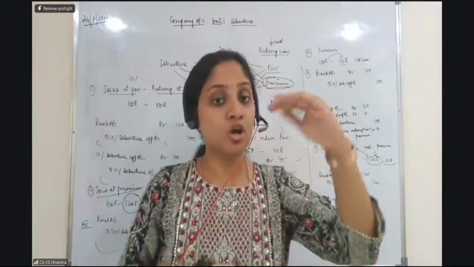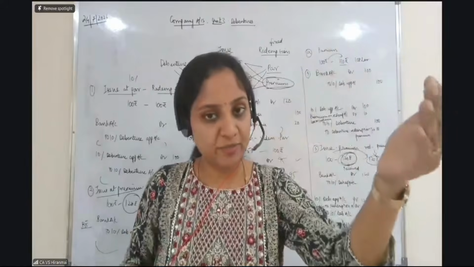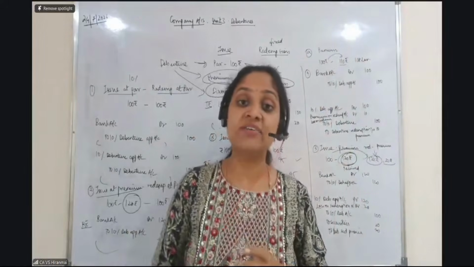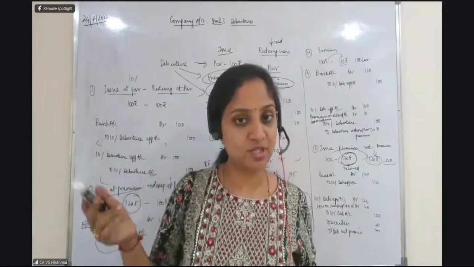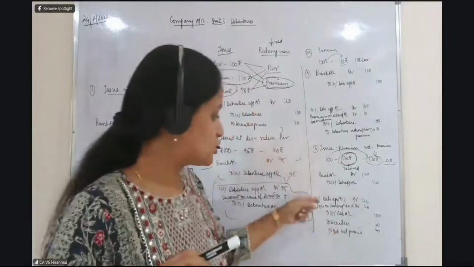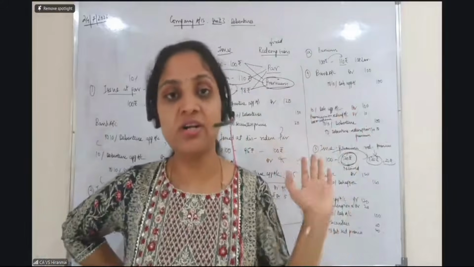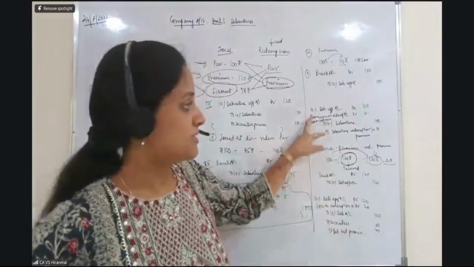There, loss on redemption of premium, and here debenture redemption premium has to be credited. So whenever there is premium on redemption at the time of redemption, these two things will come automatically into your transfer entry.